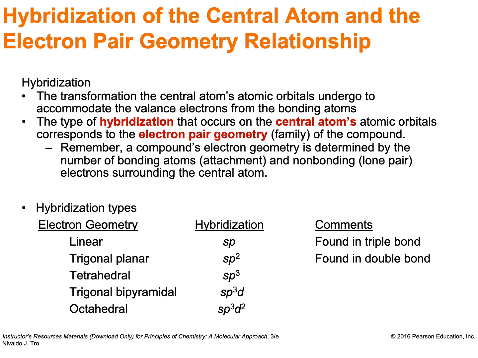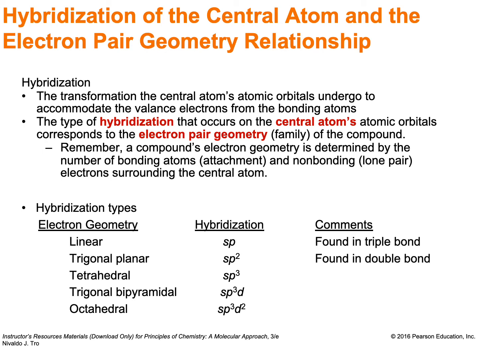Tetrahedral, you have one s and 3 p's coming together. Trigonal bipyramidal, you have one d, one s, and 3 p's, or a total of 5, coming together. In octahedral, you have 2 d's, 1 s, and 3 p's, or a total of 6. So the number of hybridized orbitals equals the number corresponding to the electron pair geometry.